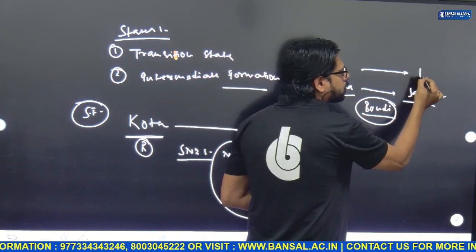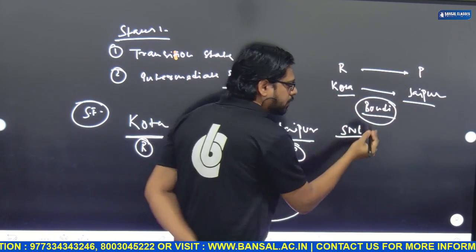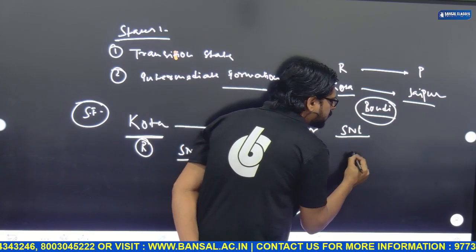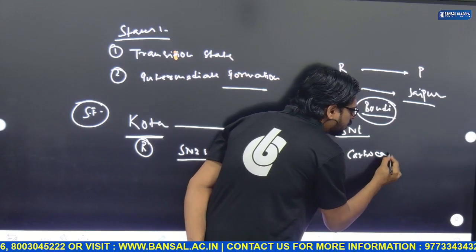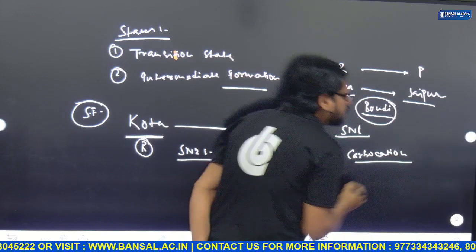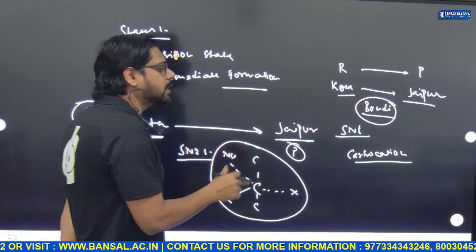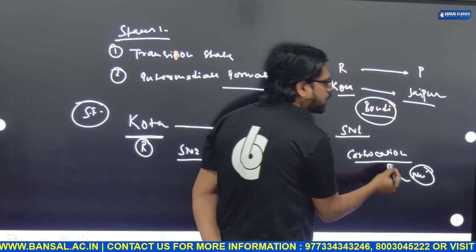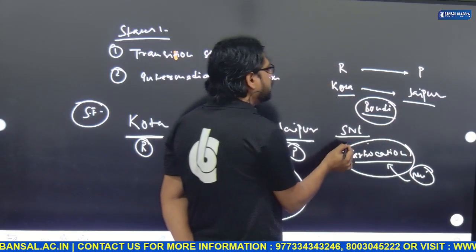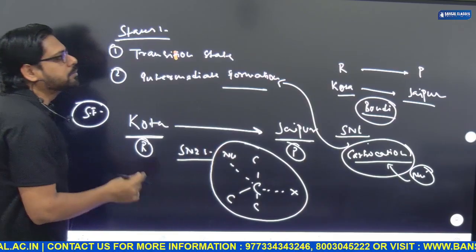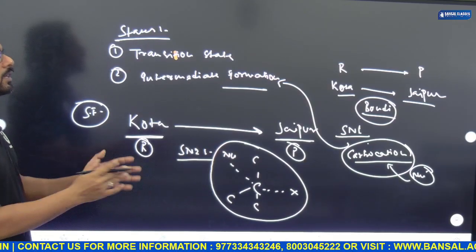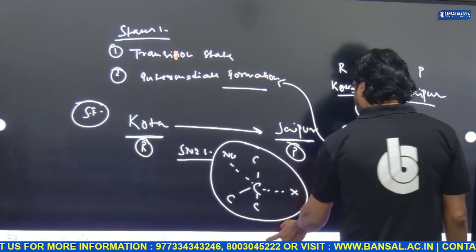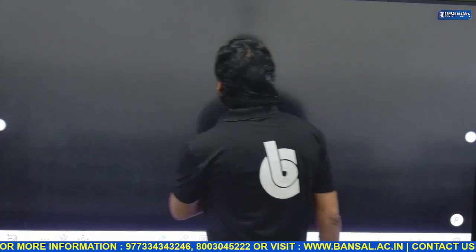Reactant makes product, but in between we have seen that it was a multi-step reaction. In between there was a formation of a carbocation, on which the nucleophile gets attracted. So carbocation formation is an intermediate state. It is a state where an intermediate has formed. So these are some basic things about the SN2 reaction and SN1 reaction.